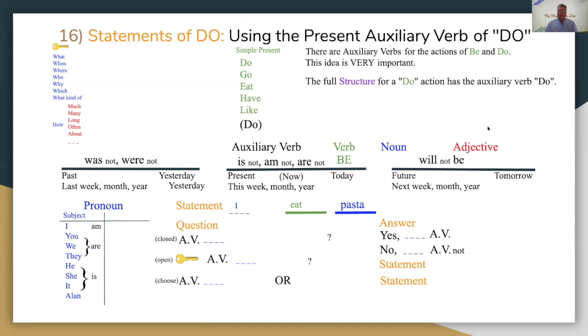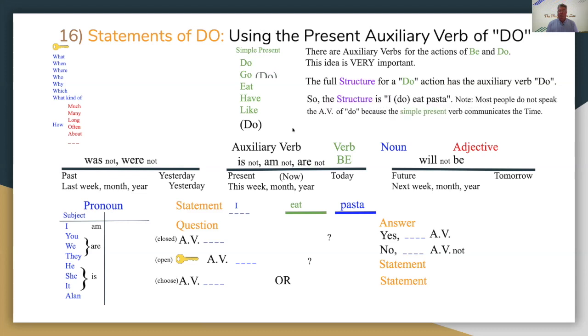Now, the full structure for the do statement has the auxiliary verb of do. So notice there are 2 do's in English language. The action of do here, and the auxiliary verb do is here. So the structure becomes I do eat pasta.